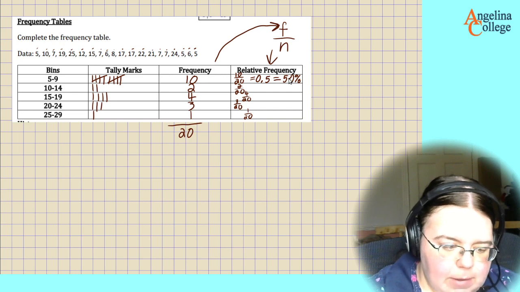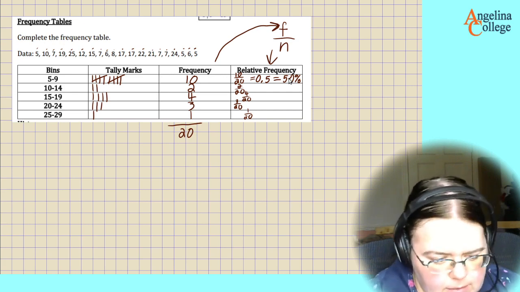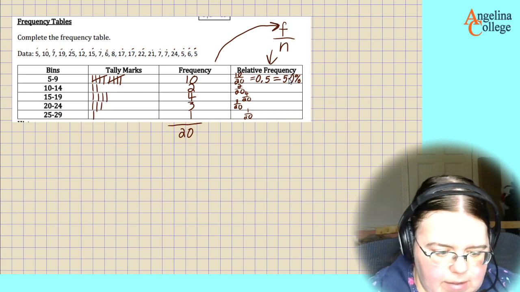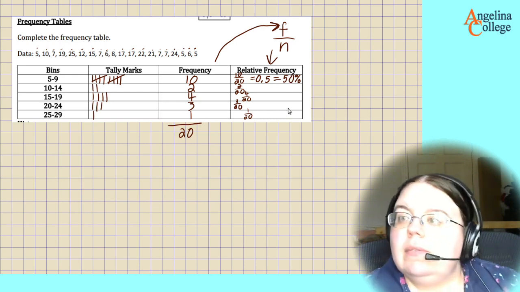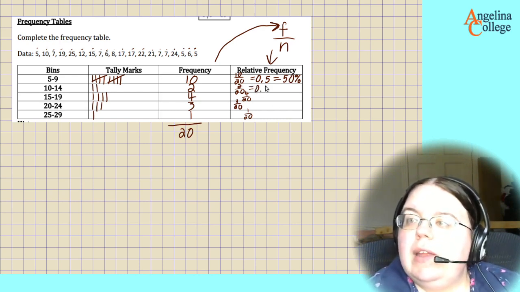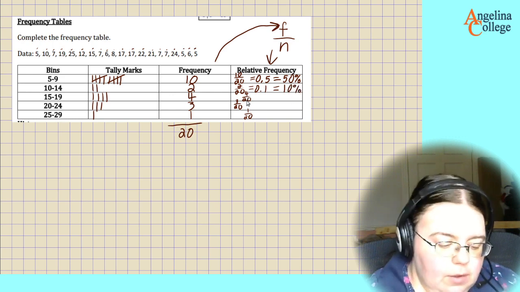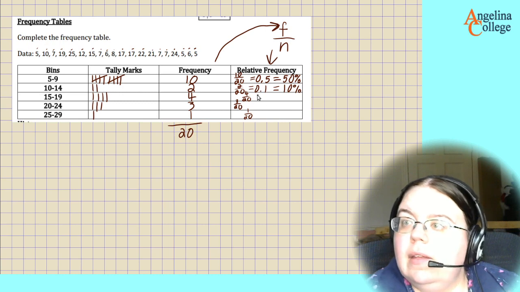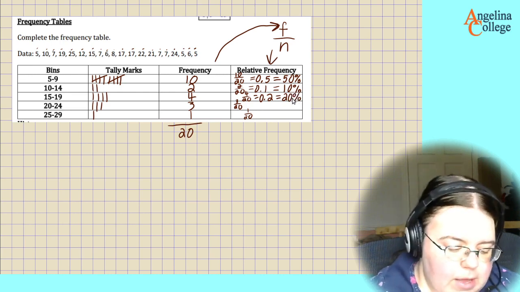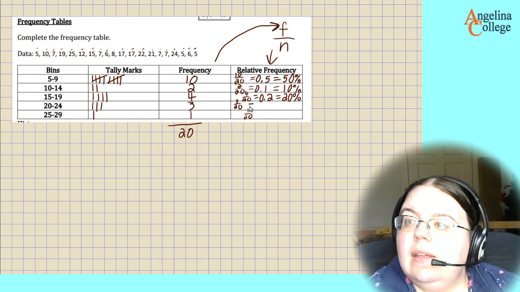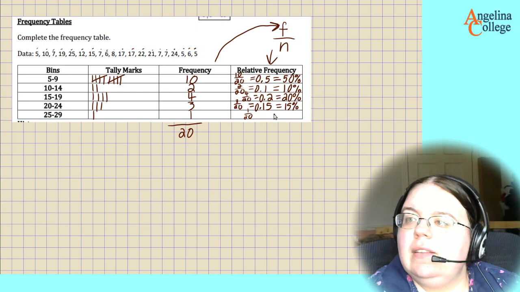So then 2 divided by 20. I messed up putting that in my calculator because it's giving me 40 and it should be a decimal. Let's see. 2 divided by 20, there we go, is 0.1, which is 10%. 4 out of 20 is 0.2, which is 20%. 3 out of 20 would be 0.15, which would be 15%.